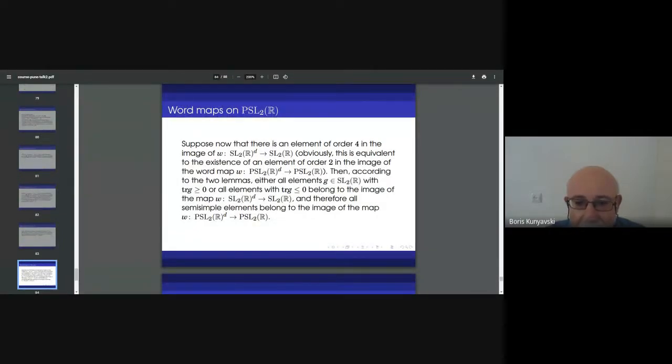And we finish the proof according to the two lemmas, because either the traces are all negative or all positive, and multiplying by -1, we get everything. All semi-simple elements are covered here.